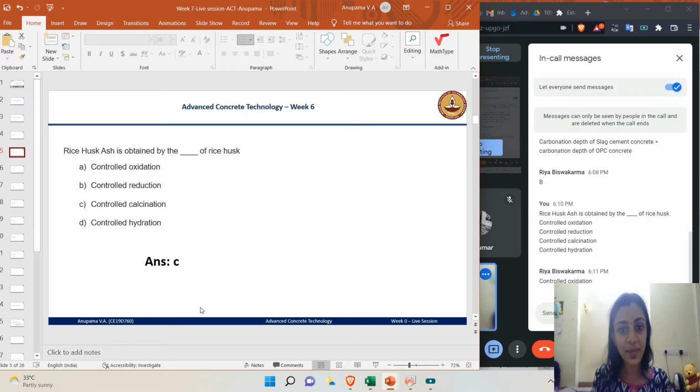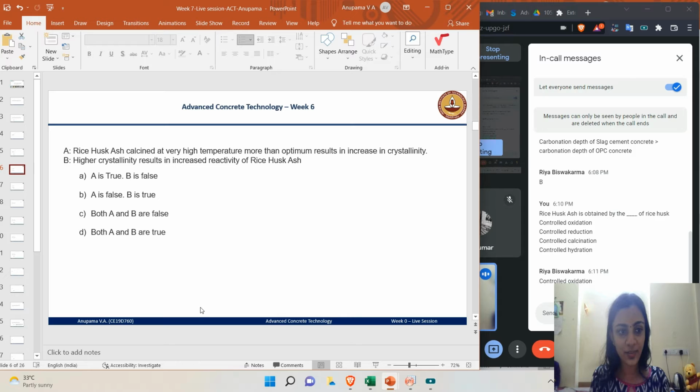Rice husk is incinerated, or heated up, and in that case calcination happens. So it undergoes controlled calcination and forms the rice husk ash. Moving to the next question.